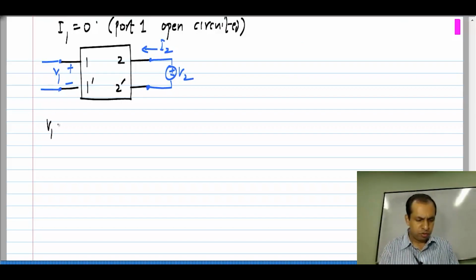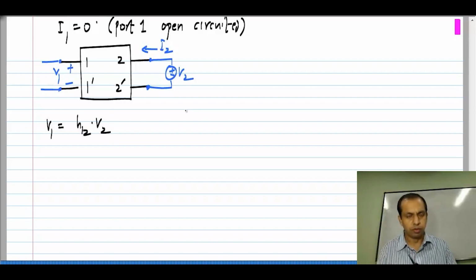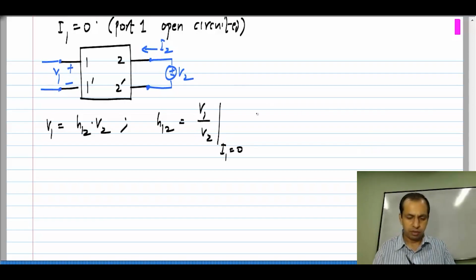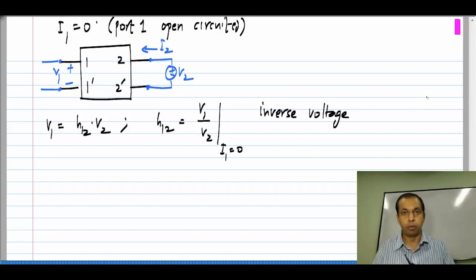So, V1 would be just H12 times V2, because I1 is 0, and from this we get H12 to be V1 by V2 with port 1 open circuited. Okay. And this is called the inverse voltage gain, that is the voltage gain from port 2 to port 1.